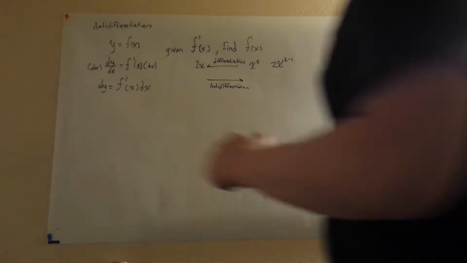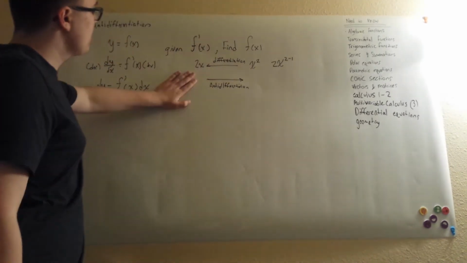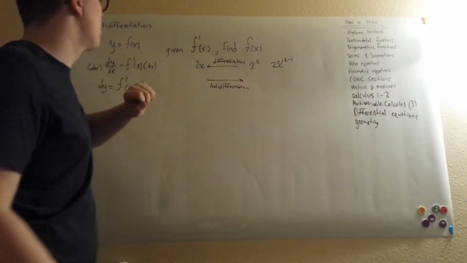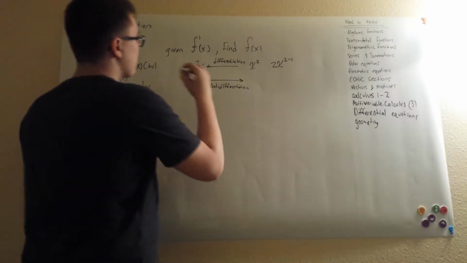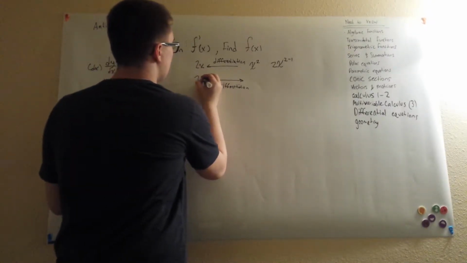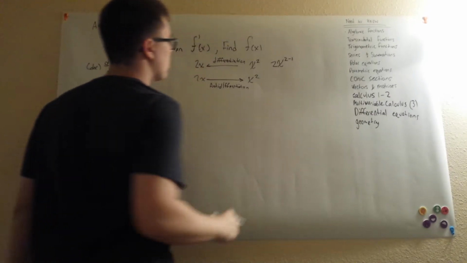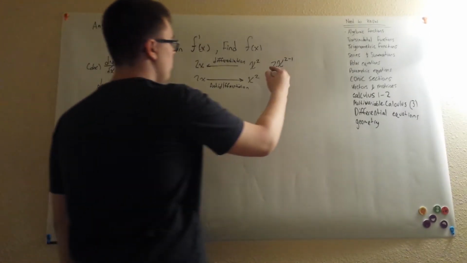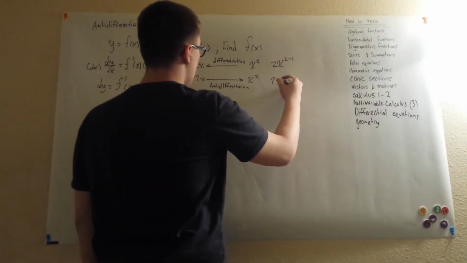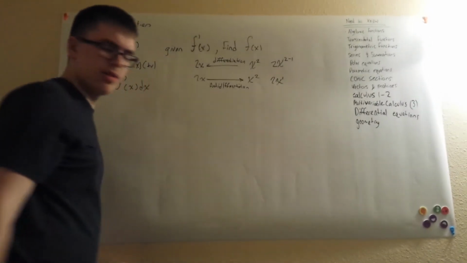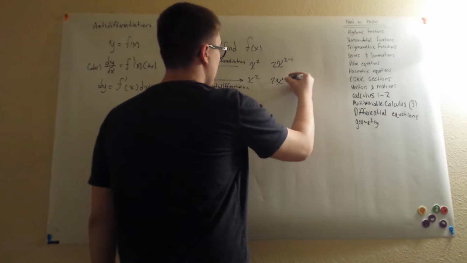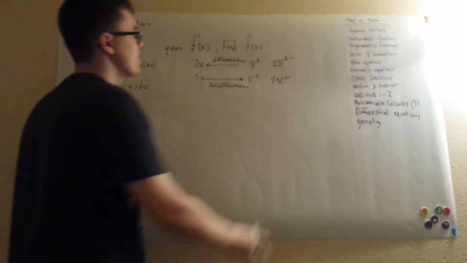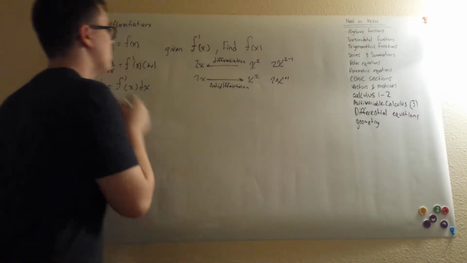So, from getting f prime to f of x, well, this is an exponent of 1, and I can just add 1 to the exponent to make this 2.